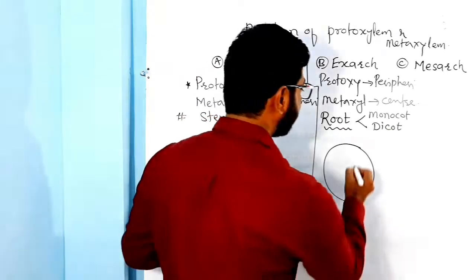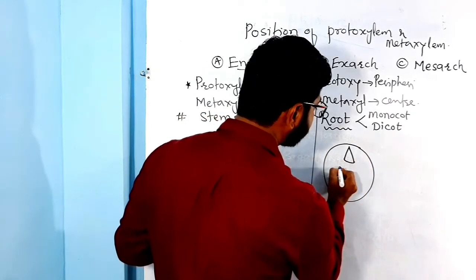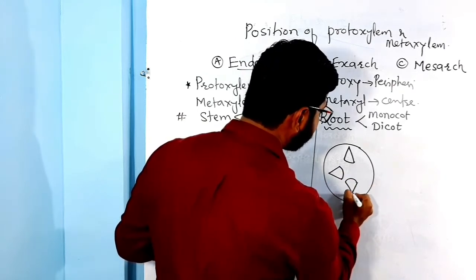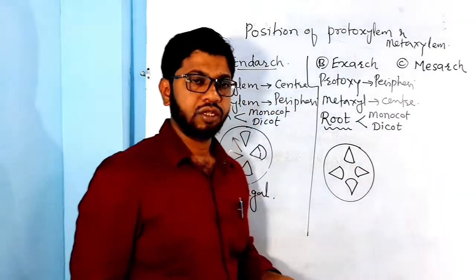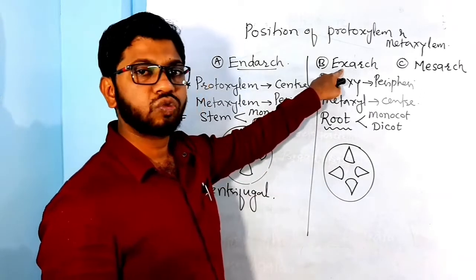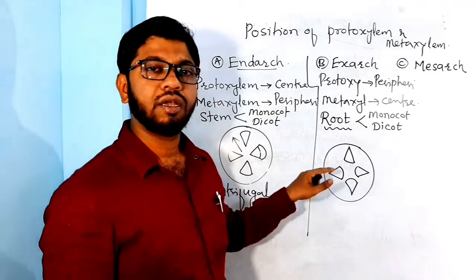So the diagram may be drawn like this. The broad region is facing towards the center and the narrow region is facing towards the periphery. So this is the diagrammatic representation of exarch vascular bundle which is found in the root.